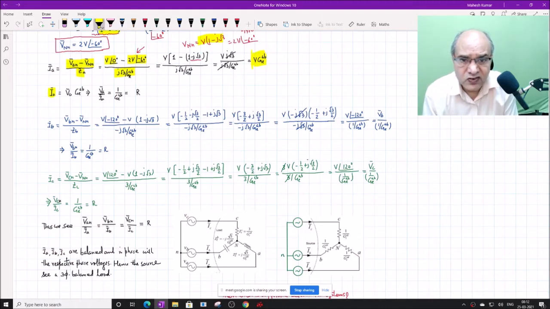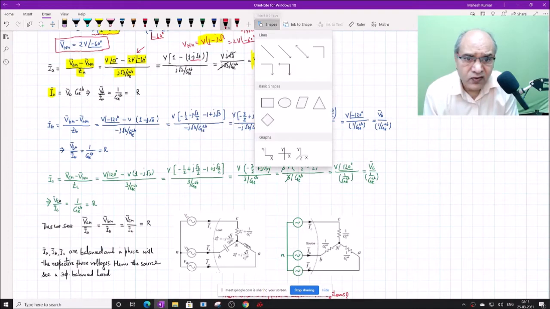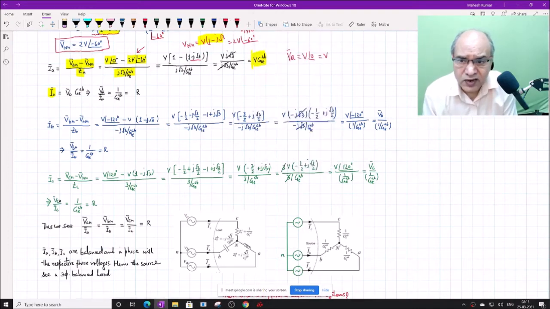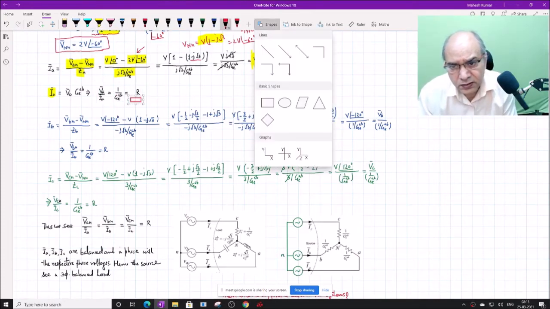VA is the reference phasor, so VA is same as V angle 0, which is same as V. So you can write IA is equal to VA into GLB, or VA by IA phasor equal to 1 by GLB, which is equal to R. So you see the current and voltage are in phase.